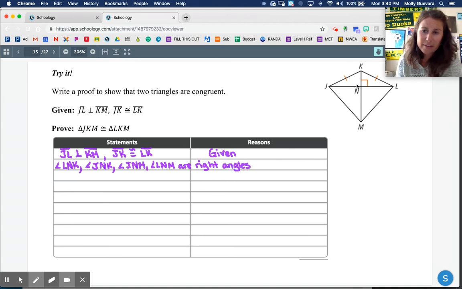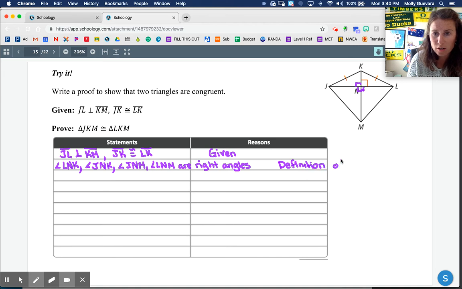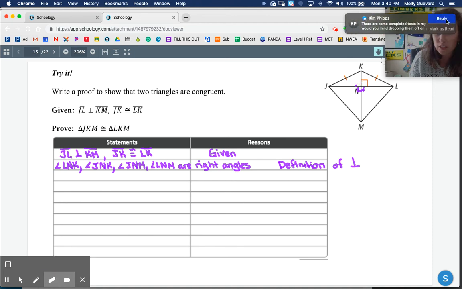Right? So all of these are right angles. And the reason I can say that is the definition of perpendicular.